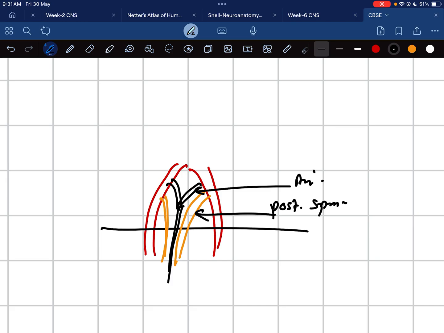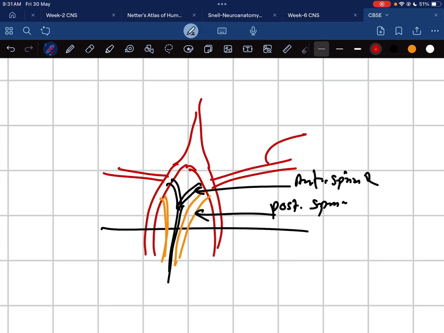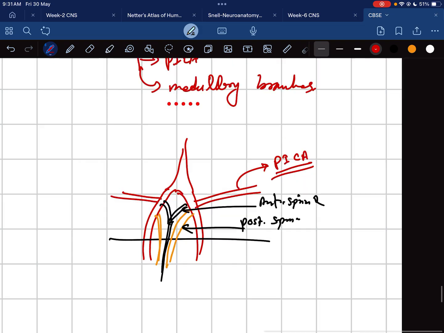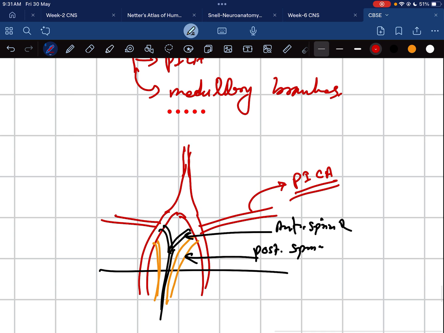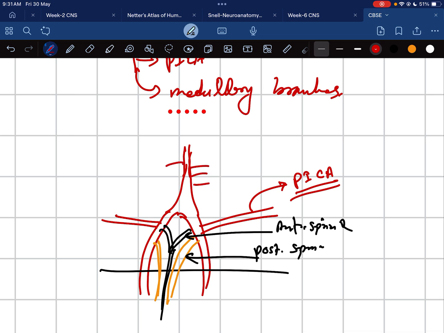Then it forms the basilar artery, and before the basilar artery there are the two posterior branches, PICA, the posterior inferior cerebellar artery. Then from the basilar artery come the medullary branches, and also the anterior branches.